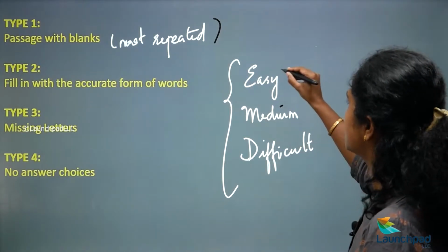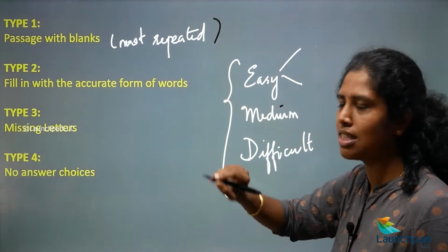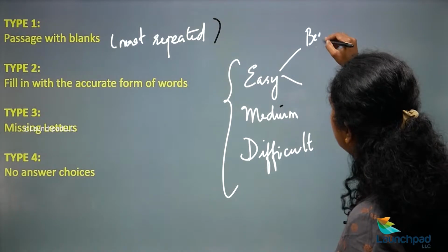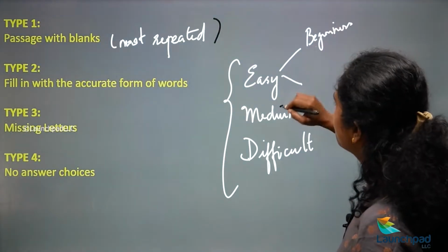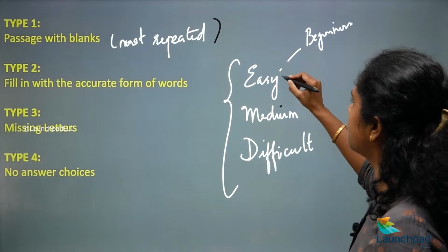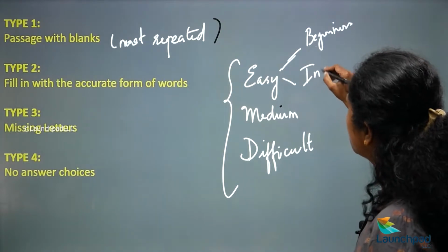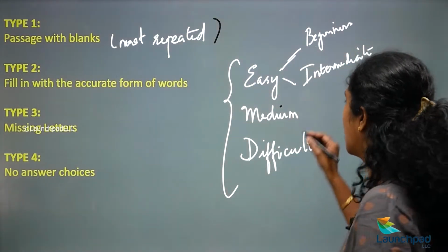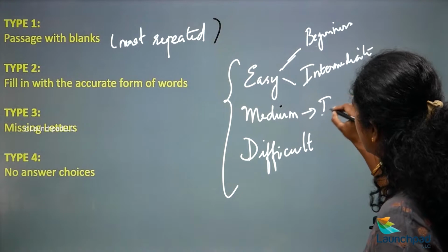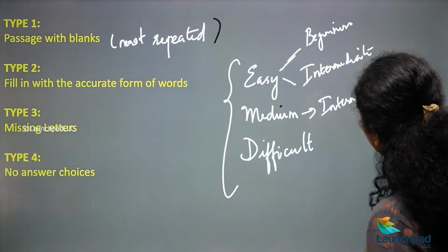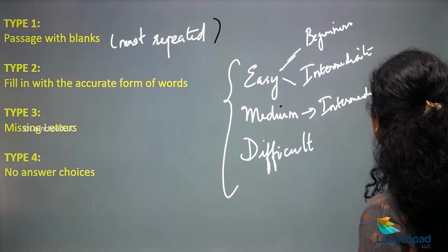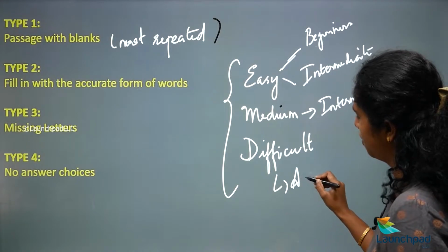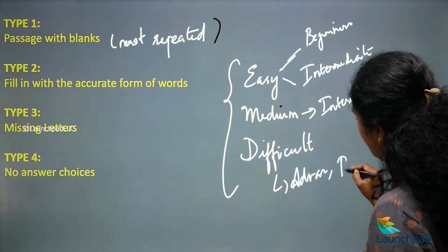Easy questions are mainly targeted for beginners. If you are a beginner or an intermediate, you can score good marks in the easy level question papers. Medium is targeted for intermediate and advanced category, and difficult is targeted for advanced and professional category.